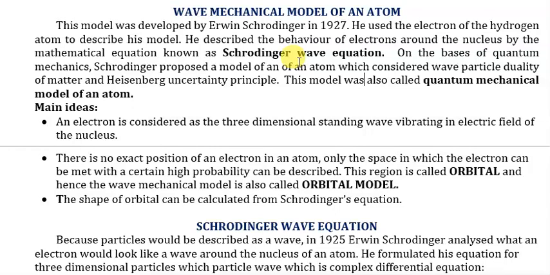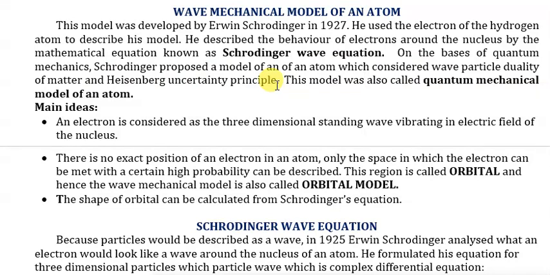Sasa wale wote walikuwa wana suggest kama electron can behave as both a particle and a wave. So Schrödinger akaja na equation ambayo aliderive the motion of electron around the hydrogen atom. On the basis of quantum mechanics, Schrödinger proposed the model of an atom which considered the wave particle duality of matter and the Heisenberg uncertainty principle.